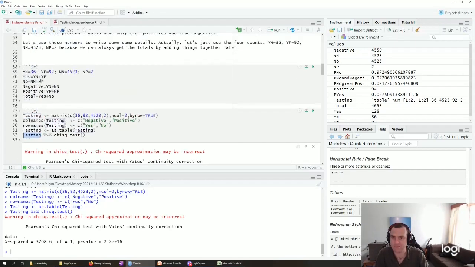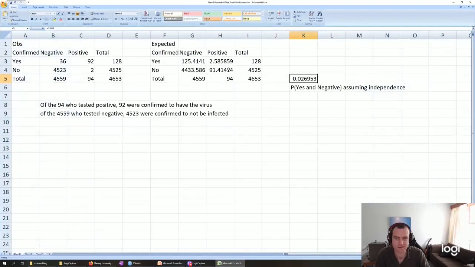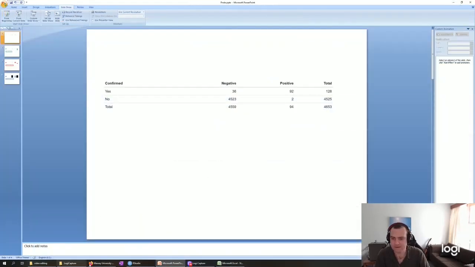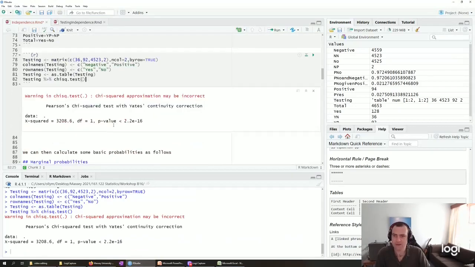In particular, I think we had one or two cells where the expected count was less than 5. I think that warning is issued for that, but that's still probably just fine because the chi-square statistic is so highly significant. So we can see chi-square 3208, 1 degree of freedom, and the p-value is the smallest one that R will calculate for us, approximately 0.